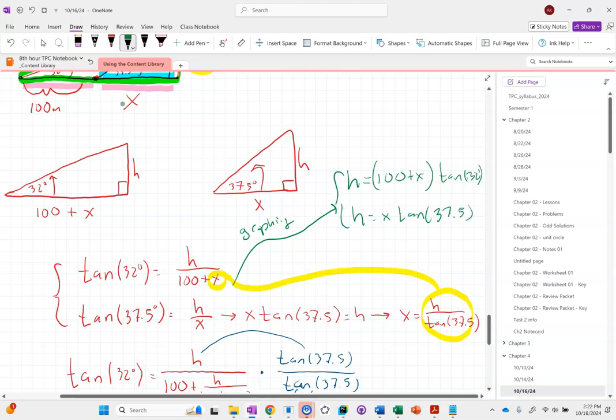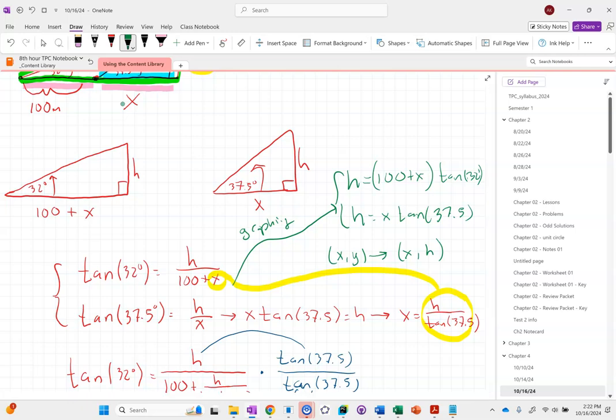So here, my points, xy's, are going to be x comma h's. Since I've written h by itself, it's like the dependent variable there. Everybody's okay with that idea?